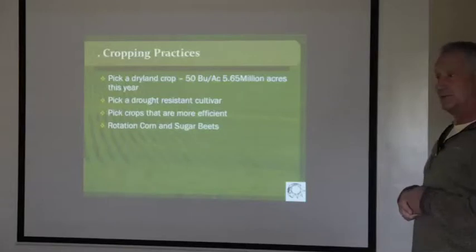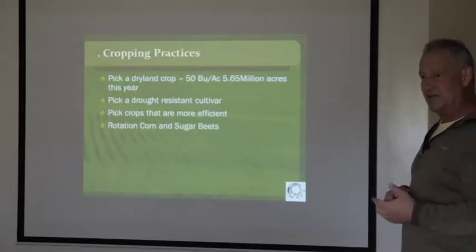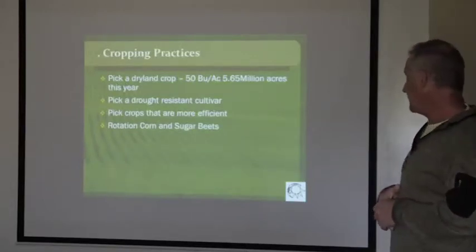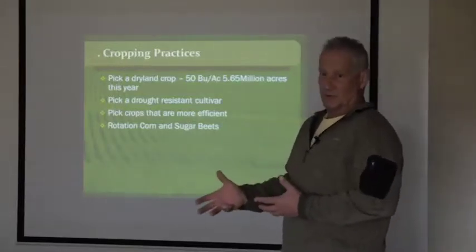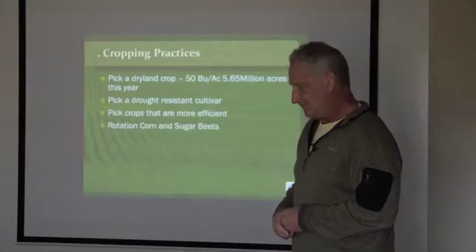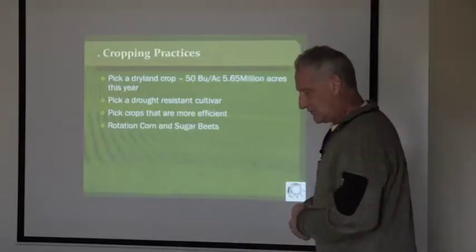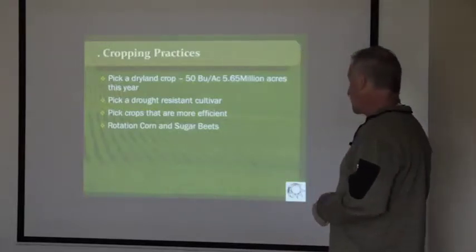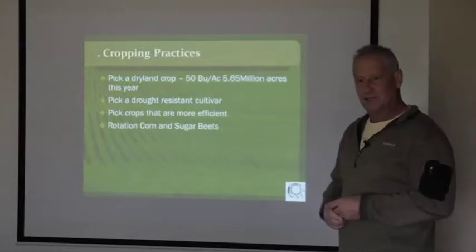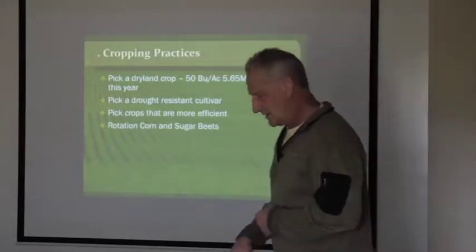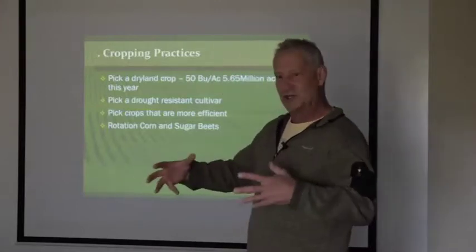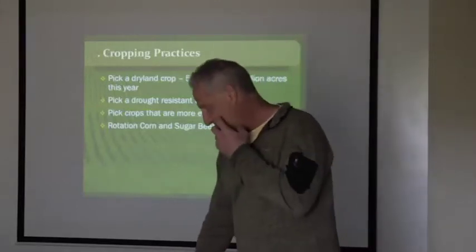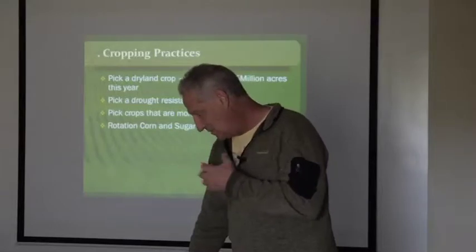So keep an eye out for new cultivars that you might be able to grow and save some irrigation. Pick crops that are more efficient, and there are also some crop rotations that we can use to save water, for example, corn and sugar beets.